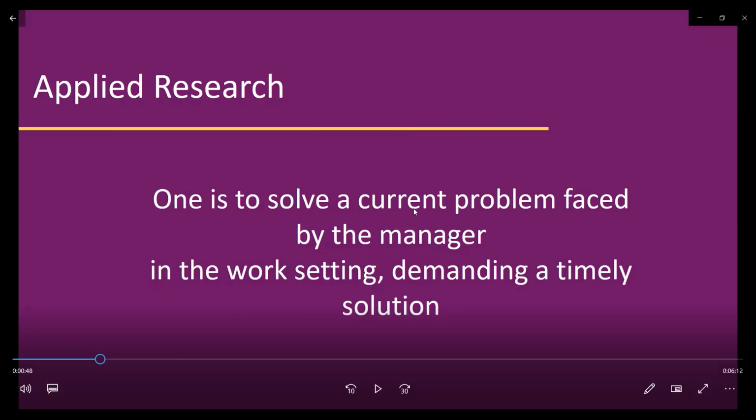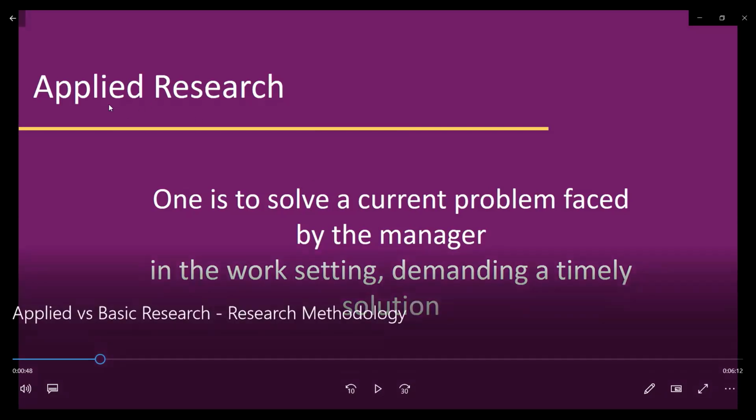It's a problem, right? So you need to solve the problem in a timely manner. So what is it called? Applied research, because you want to solve the problems that you are practicing. Am I right, everyone?